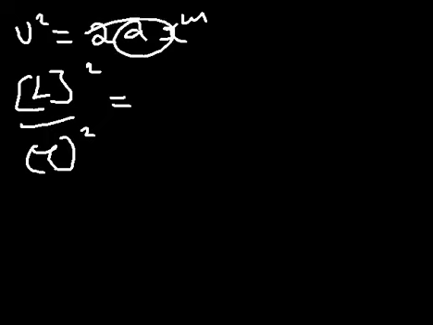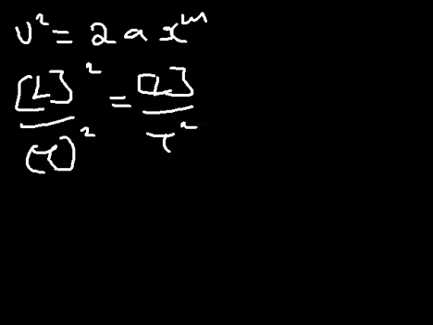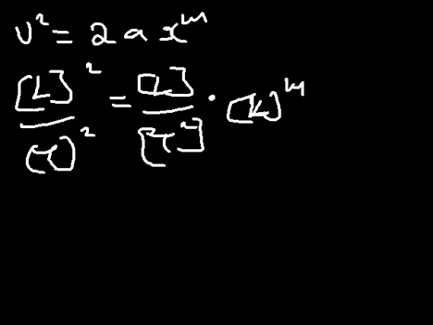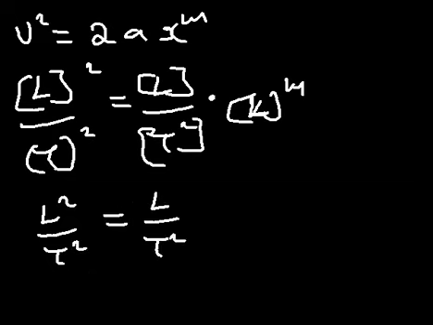We have the acceleration given as L divided by t to the power 2, times the displacement, which we can have as L to the power m. So now this is the same as L to the power 2 to the power 2, which is equal to L over t to the power 2 times L to the power m.